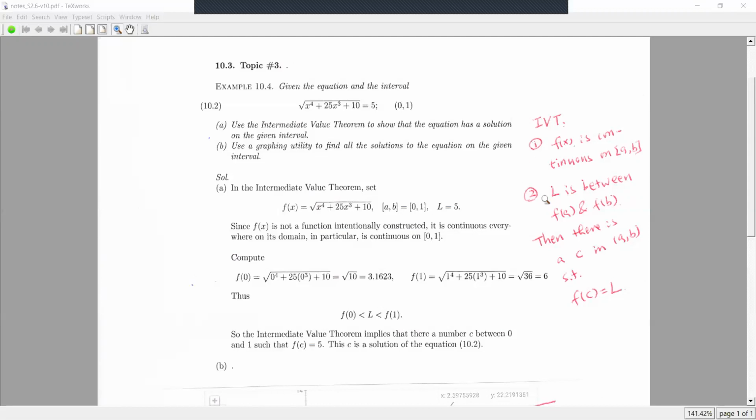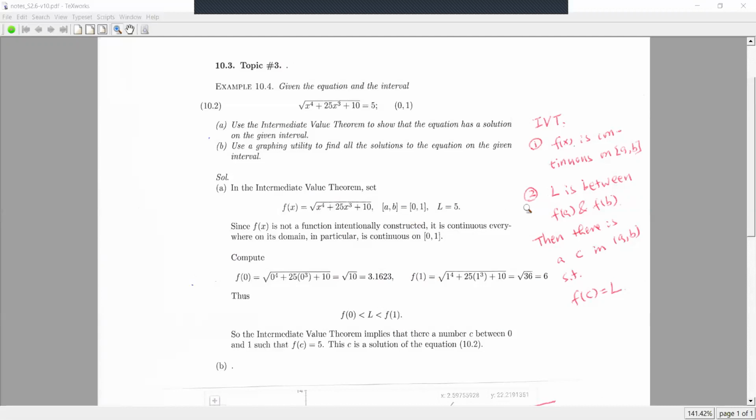Now, condition 2. Compute function values at the two endpoints of this interval. Function value at 0 is this number. Function value at 1 is 6. L is 5, so L is between function value at left endpoint of the interval and function value at the right endpoint of this interval.